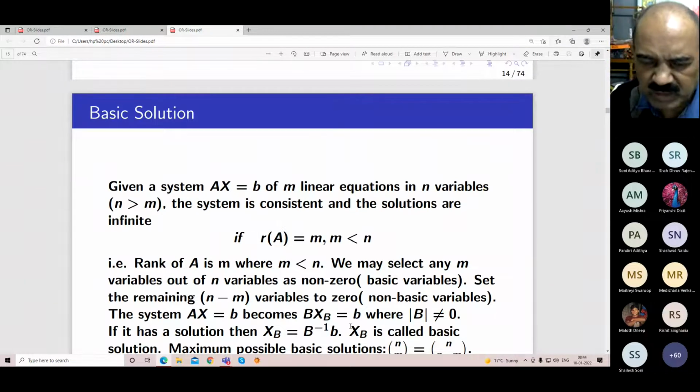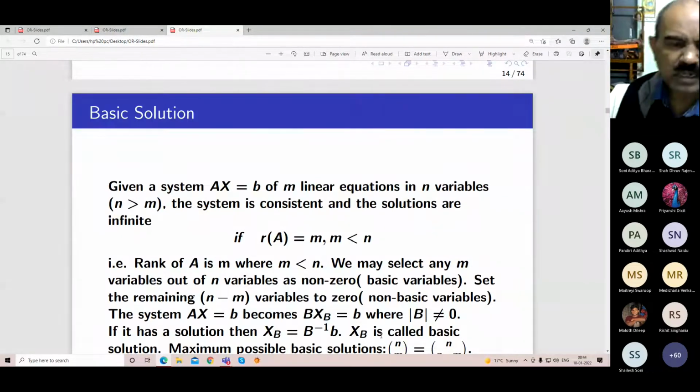This square system is solvable if the determinant of the matrix B is non-zero. If it has a solution, xB can be written as B inverse times b. This xB is called the basic solution. Now it is clear how to find a basic solution. Consider the system Ax = b. We have decided here that the number of variables is more than the number of equations.